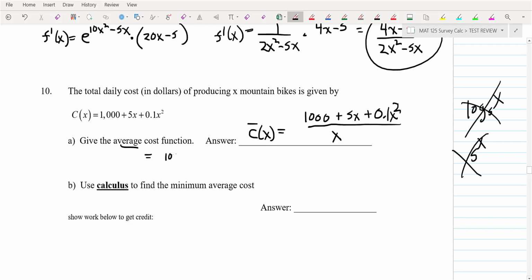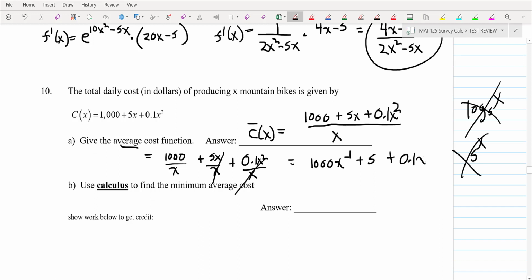So you would have 1,000 over x plus 5x over x, and then 0.1x squared over x. So it's probably best to write this as 1,000 x to the negative 1 plus 5. One of the x's cancels out there, leaving you 0.1x. So you can write the answer to the cost function either way, but the second way is the way you need for the next step in the problem.